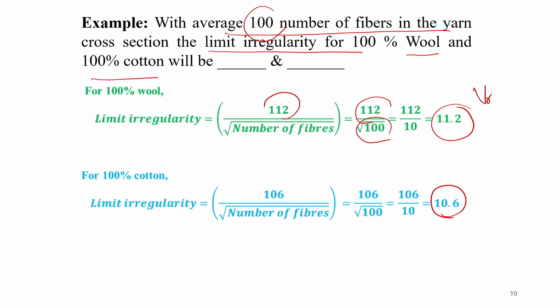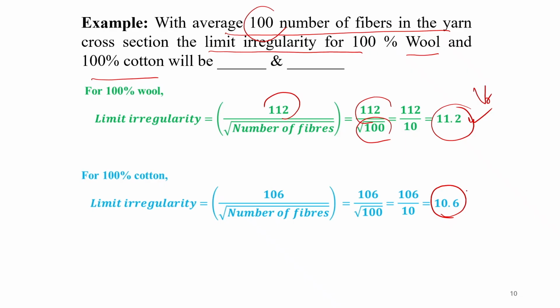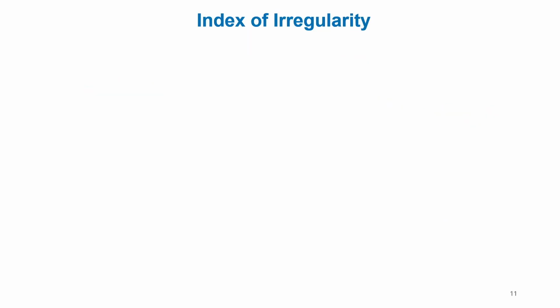That means if we try to produce the yarn with 100 fibers, we cannot get less than this irregularity. It will be more than this irregularity. That will define the index of irregularity, that is performance.